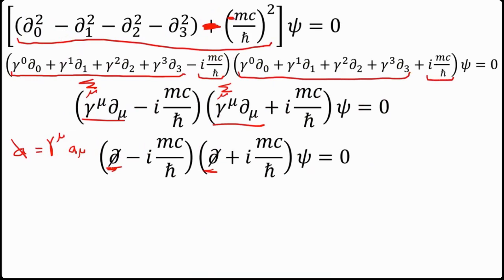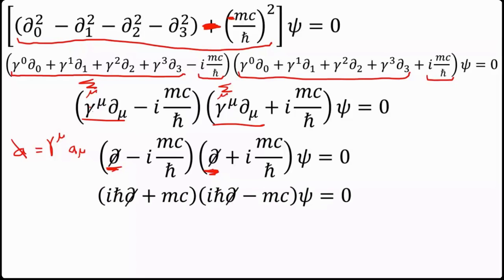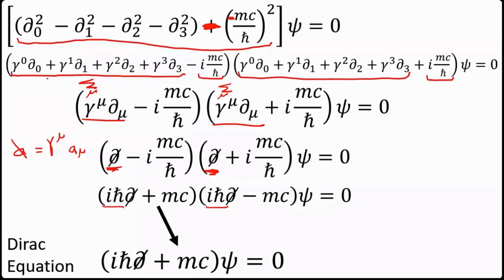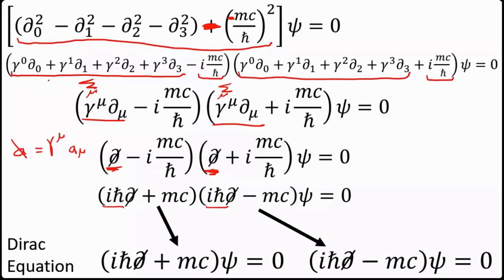So here this is the partial derivative slash, so it's the partial derivative summed with the gammas. And this is a part I was not sure about. Here I multiply by h bar, because this is the way you see it in textbooks a lot of the time. I wasn't sure if both of these are different versions of the Dirac equation, or if it's just this one. I'm a bit unclear about that.